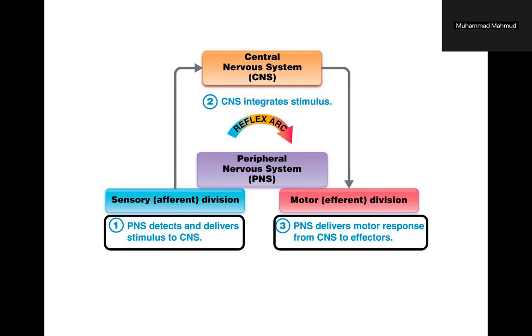After integration, the motor division, the peripheral nervous system, delivers this motor response from the CNS to effectors. So afferent, CNS, efferent. We need to know this arc. Three parts of the reflex arc.